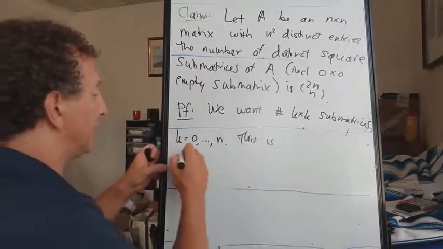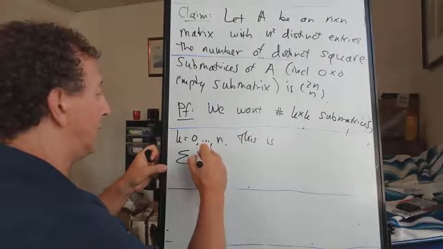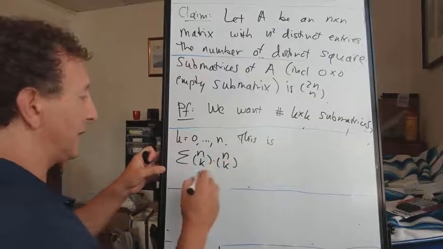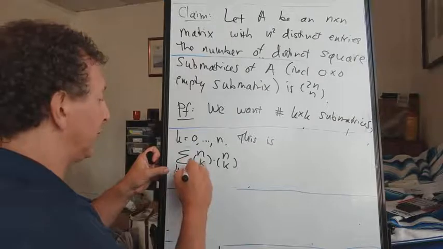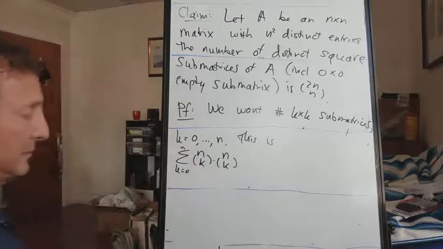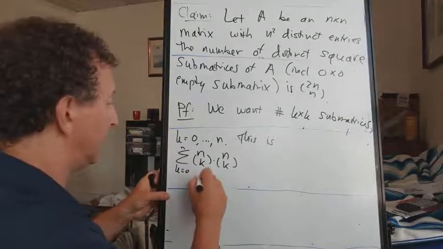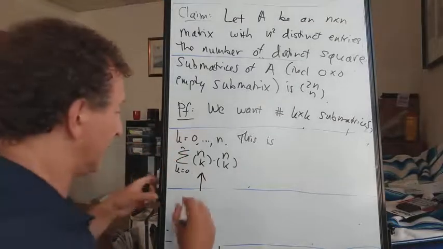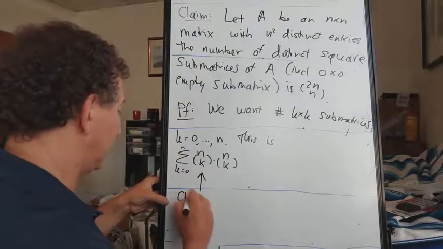So this is the sum of n choose k times n choose k as k goes from 0 to n, where we can think of the first n choose k as choosing k rows to use.